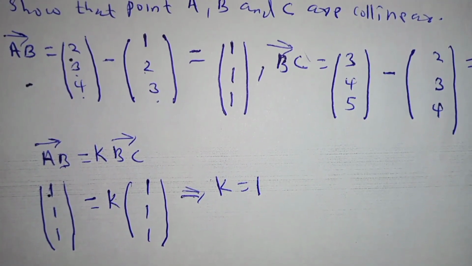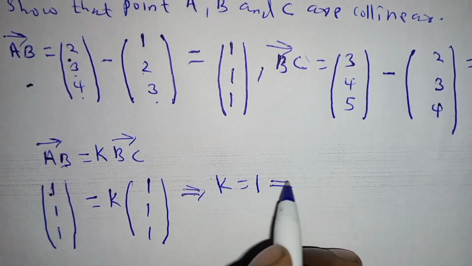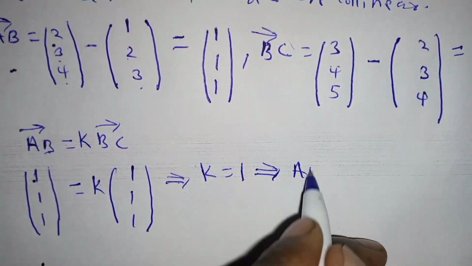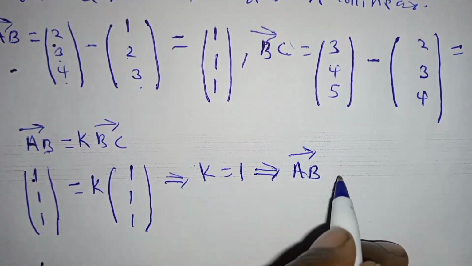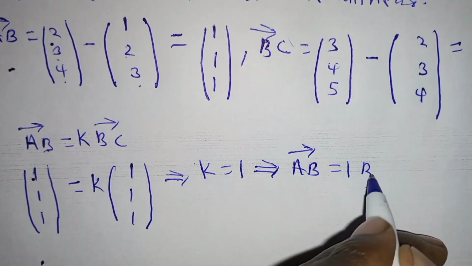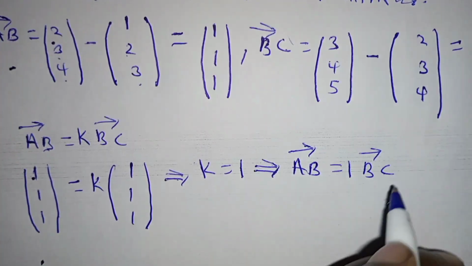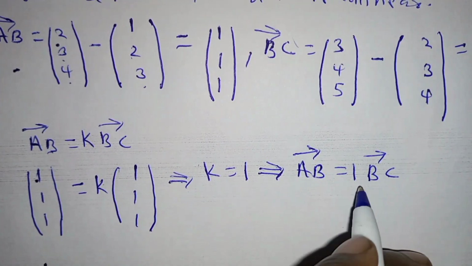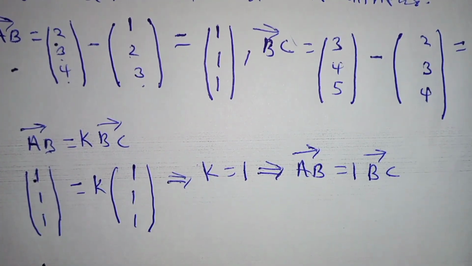So meaning that we can express our AB as equal to 1 times BC, whereby 1 is a constant.